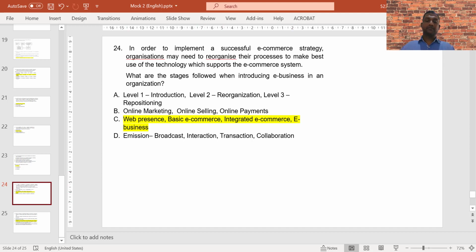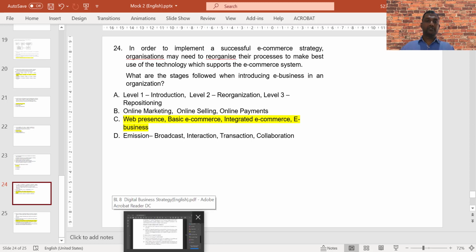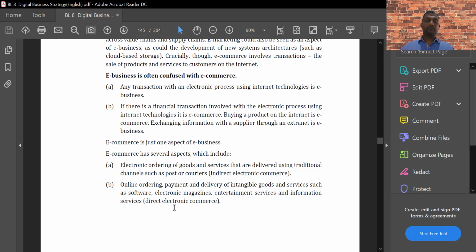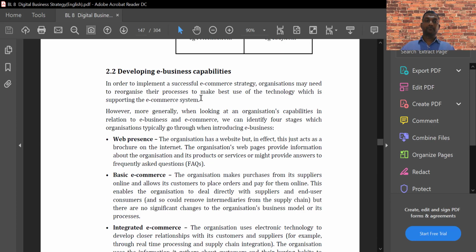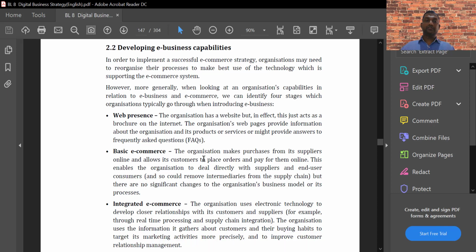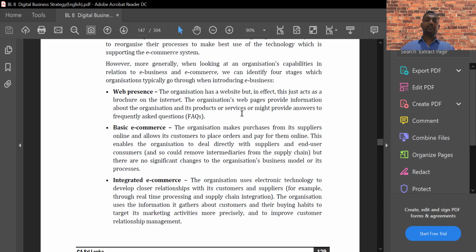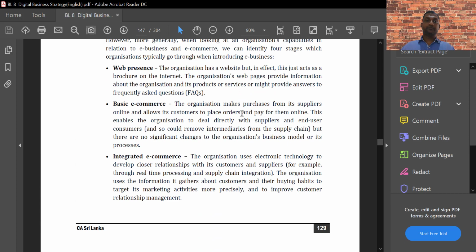So this is again a common question that I think we have discussed earlier also. These are the 4 stages when an organization is going through this transformation to becoming an e-business completely.